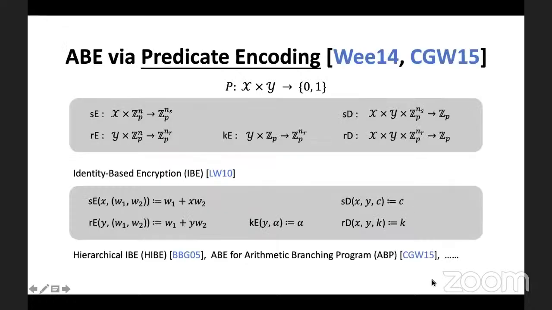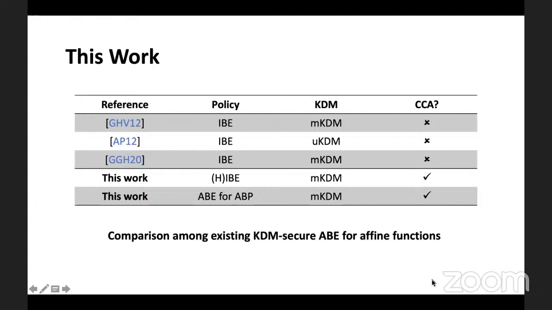And we use the notion of predicate encoding, which provides a simple description of the underlying predicate P, like IBE, HIBE, ABE for ABP. So by concrete encodings, we propose the first MKDM secure HIBE scheme and the first MKDM secure ABE scheme for ABP under standard pairing-based assumptions.